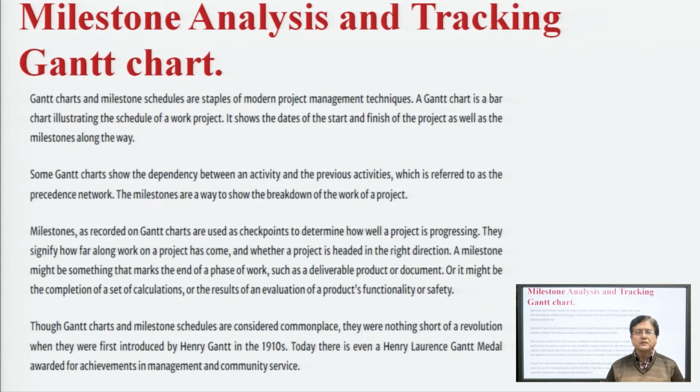This chart helps the project manager to find out the starting point and the finishing point of any task, and simultaneously we can also use it to find out the activities, which is the first activity, which is the second activity. So, there are different activities in a Gantt chart.